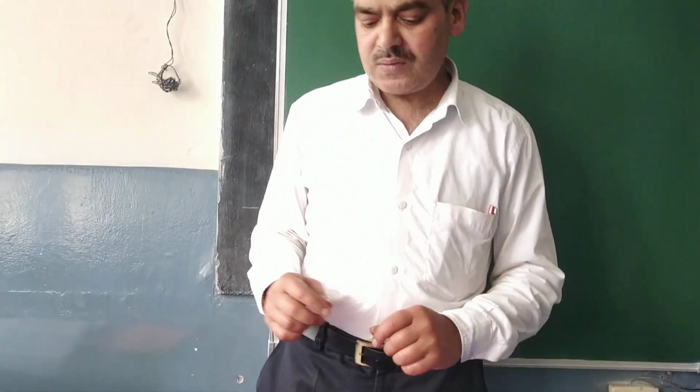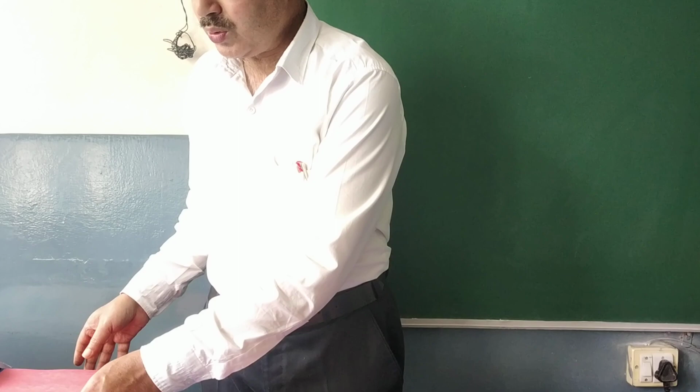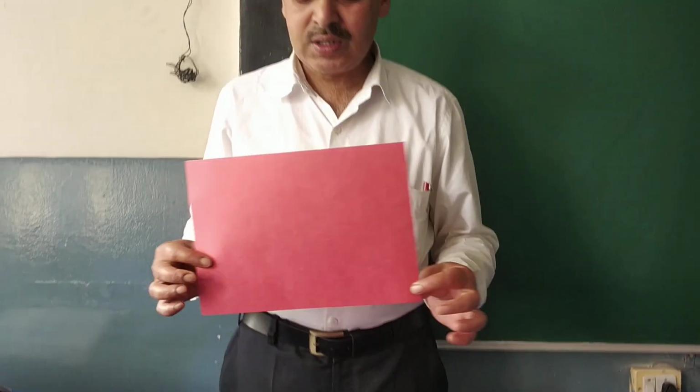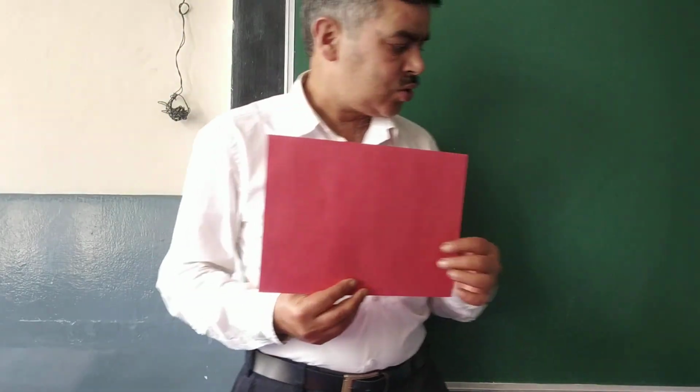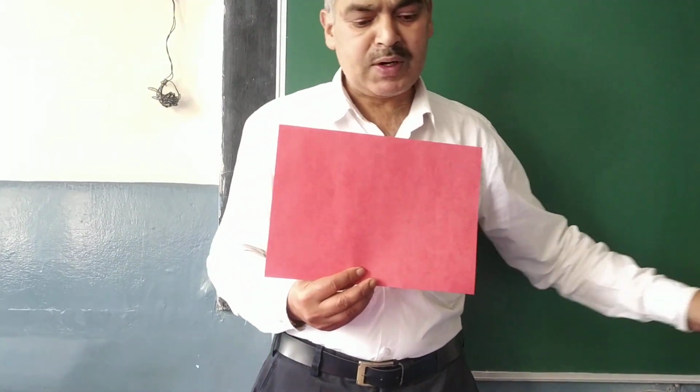Then secondly, now you take the second sheet. This is sheet number 2. What you have to do is, whatever circle you cut in step number 1, you put it on this sheet somewhere.